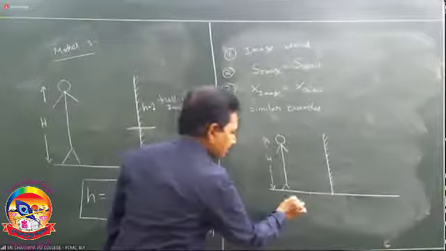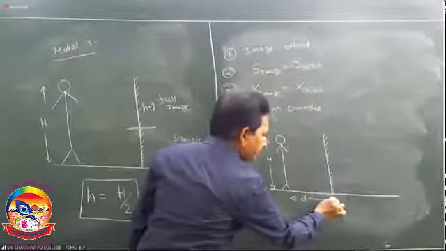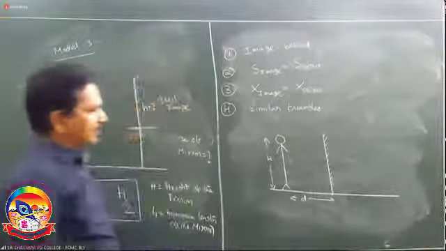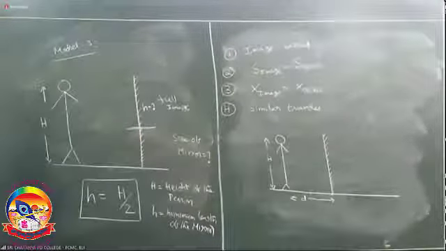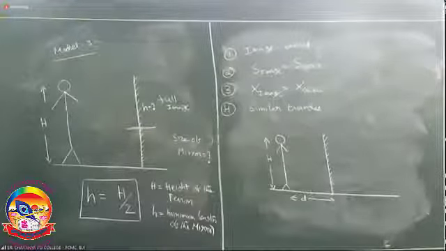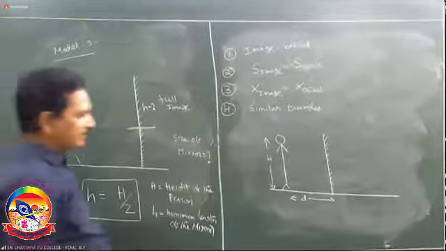D is the distance between the person and the mirror. If you draw the diagram, the ray diagram becomes difficult.